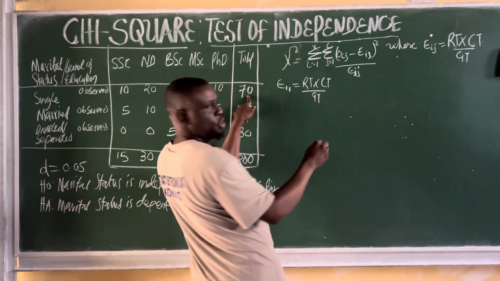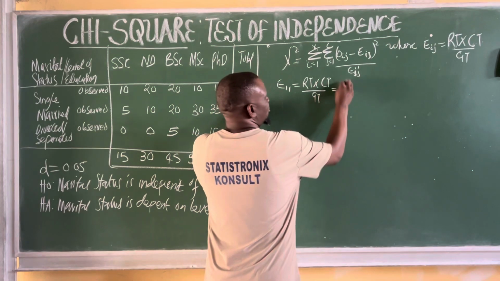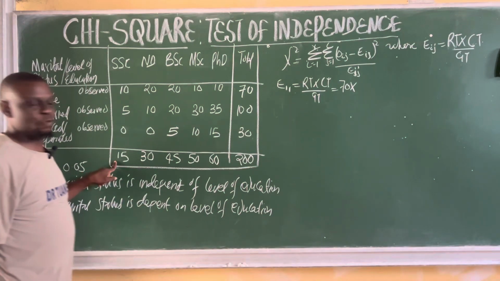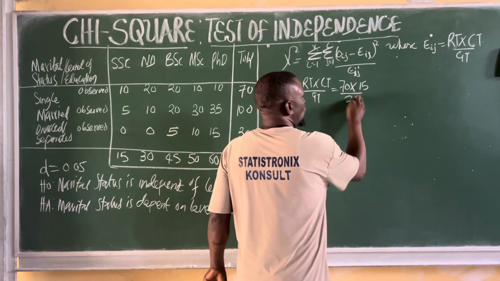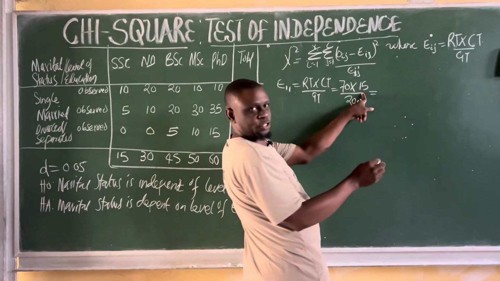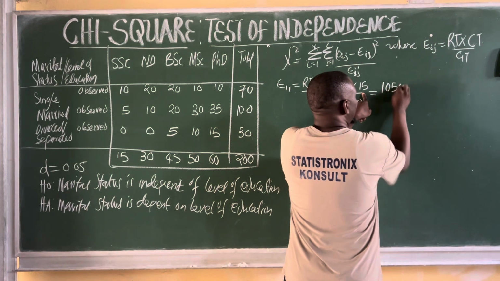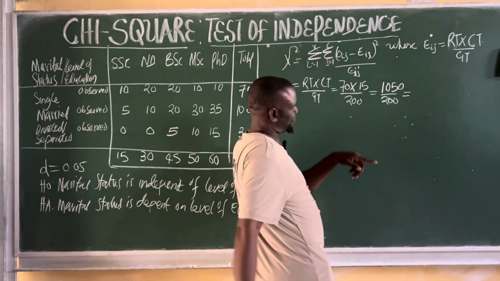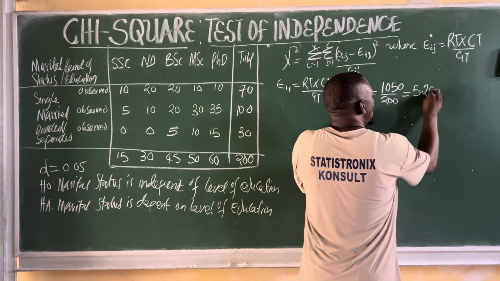Now the total on the row is 70, and that will be times the total on the column, which is 15. 70 times 15 all over 200. If we multiply 70 by 15, 1050 all over 200, that will be equal to 5.25.